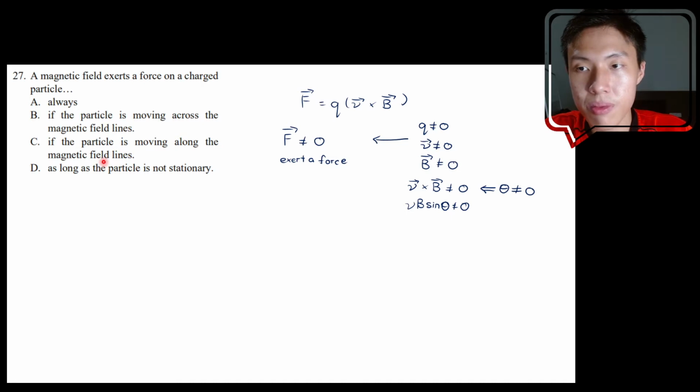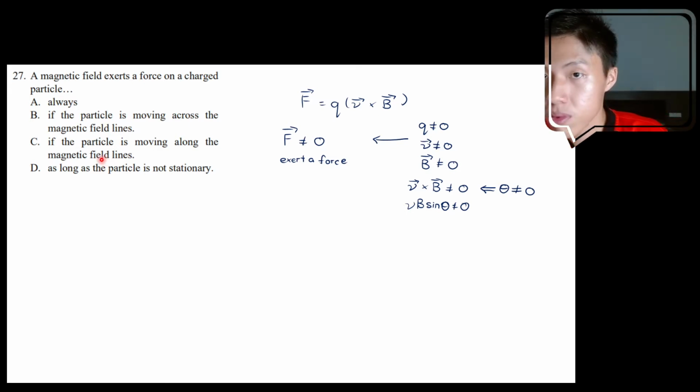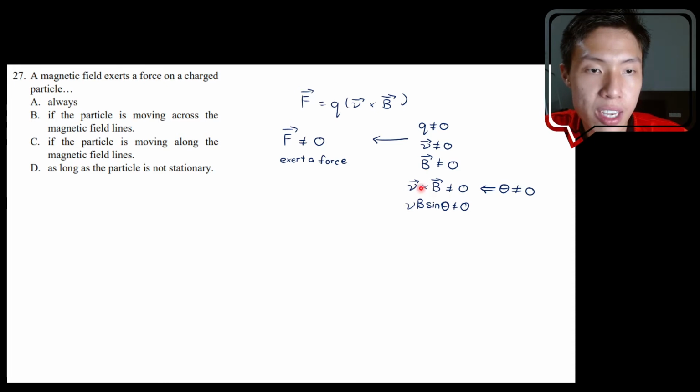Okay, so you cannot have your particle move along the magnetic field line. If you move along the magnetic field line, then v and B will have the same direction. So theta will be equal to 0, sine theta will be equal to 0, then F will be equal to 0.